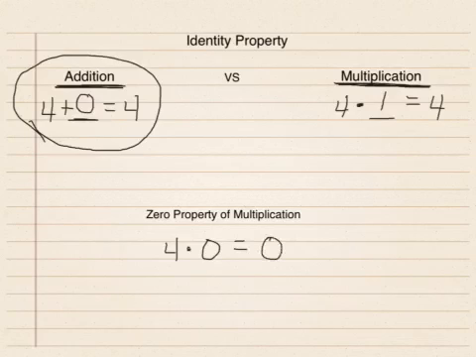A lot of times students look at that and know that 4 plus 0 is 4, and so they think that because the 0 is there, it's the 0 property. But what we're actually asking is, what number can I multiply by and always be left with 0?